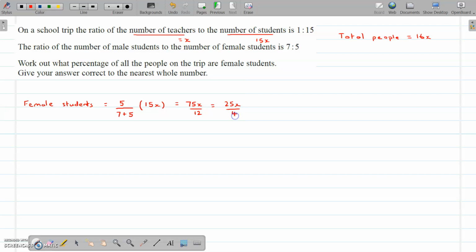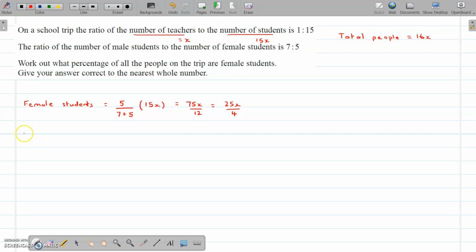That's the number of female students. But the question says, work out what percentage of all the people on the trip are female students. Well, we've said already that the total number of people on the trip is 16x, and the total number of female students is 25x over 4.